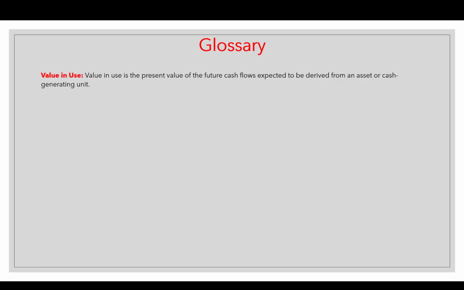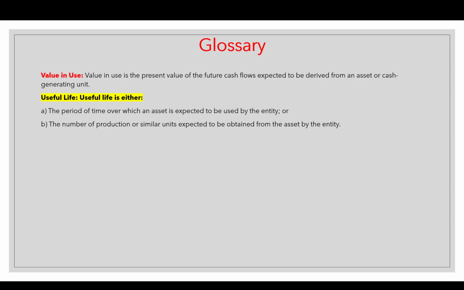Value in use is the present value of the future cash flow expected to be derived from an asset or CGU. Useful life is either the period of time over which an asset is expected to be used by the entity or the number of production or similar units expected to be obtained from the asset by the entity.